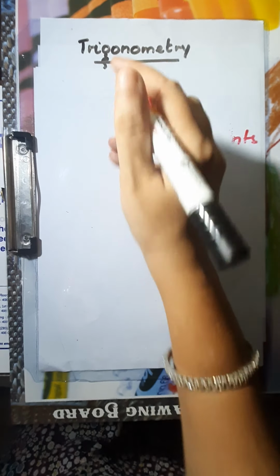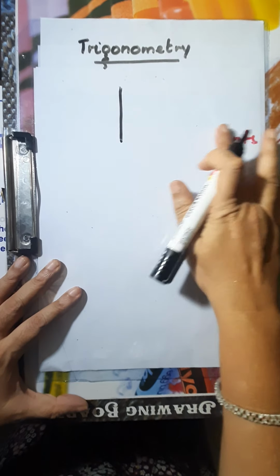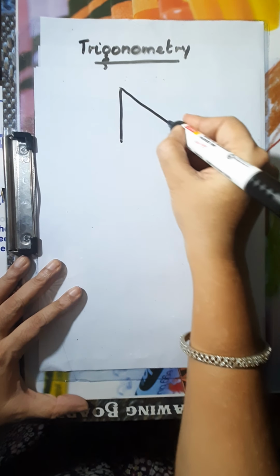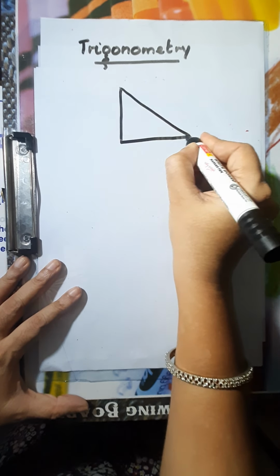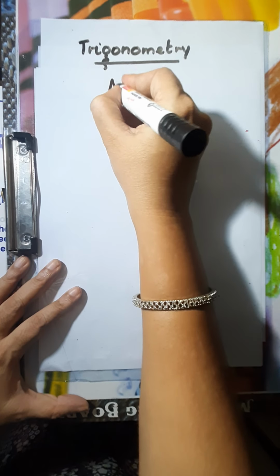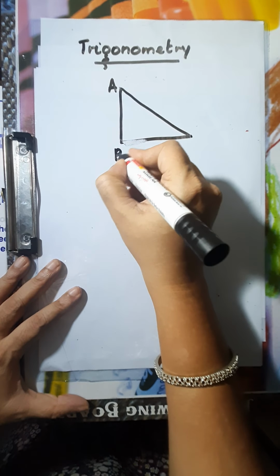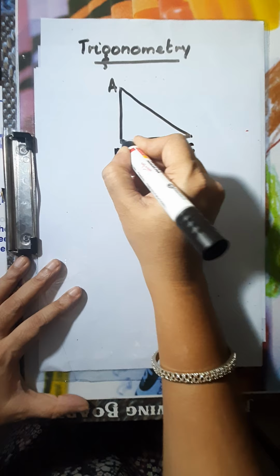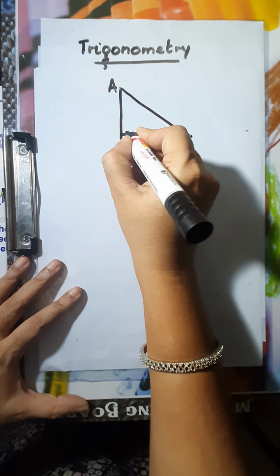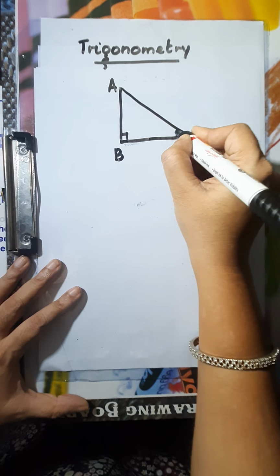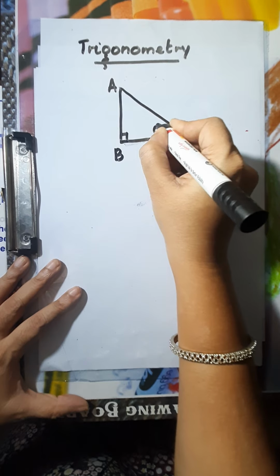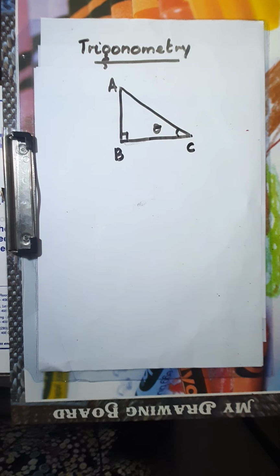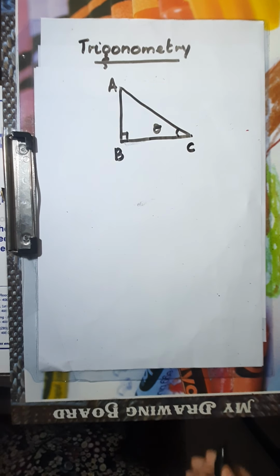So, this is my triangle which I told you of, triangle ABC. This angle here is my angle theta.